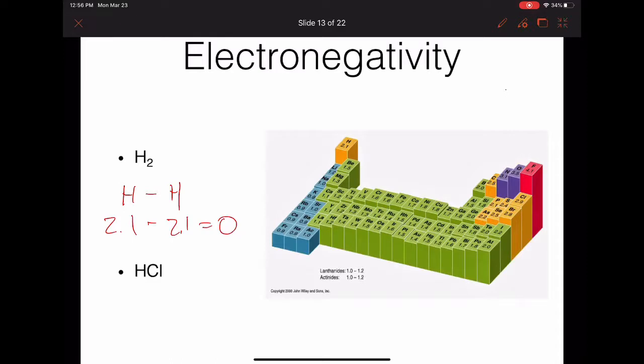HCl means I have a hydrogen, which is 2.1, and a chlorine, which is 2.9. So the value of the difference between these two is 0.8. 0.8 we can then classify as polar covalent. And this one, remember, was covalent.